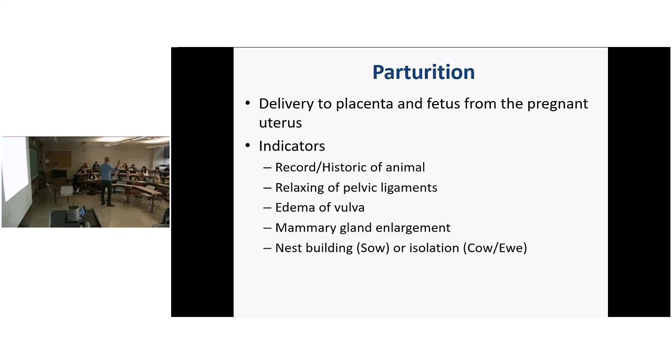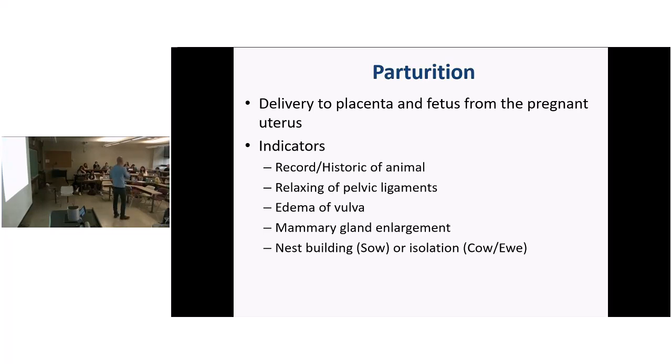Today, in most of the modern production systems, it doesn't matter which animal you're talking about, because we do a lot of biotechnology in reproduction, we know exactly the date on which we artificially inseminated, or we bred that mare with that stallion.